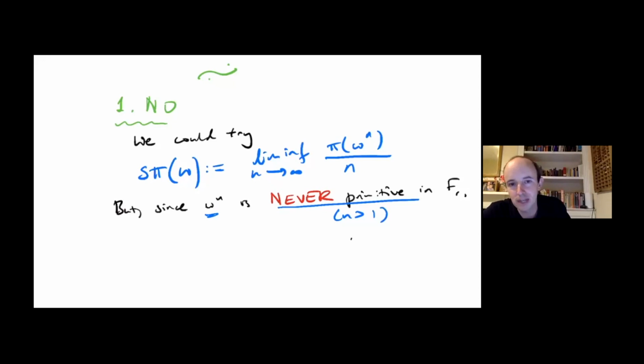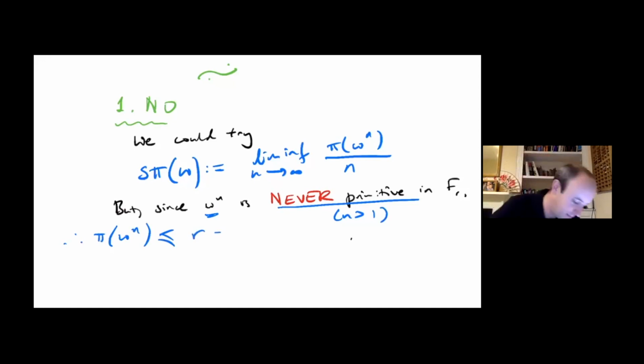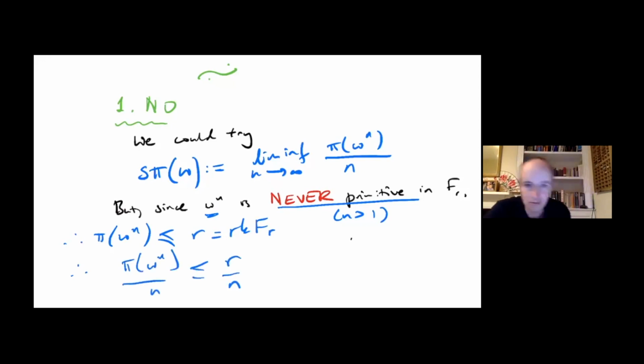W to the n is a proper power, so it's never a primitive element. So that tells me that pi of W to the n can be at most R, which is the rank of F_R, right? And therefore pi of W to the n divided by n is at most R over n. And so that's going to tend to 0 as n tends to infinity.